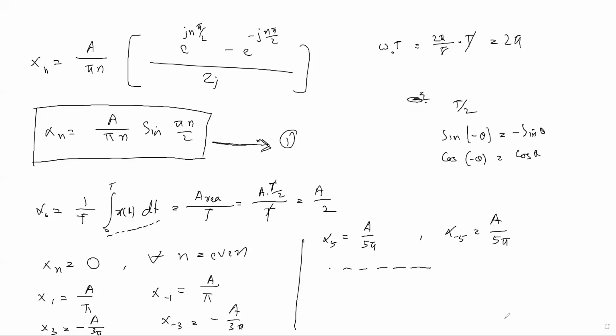So what will be the magnitude plot then? I have to take the magnitude of all these terms. Since all are real numbers, the magnitude is nothing but this number only. So let me write the plot of the magnitude spectrum of the signal.